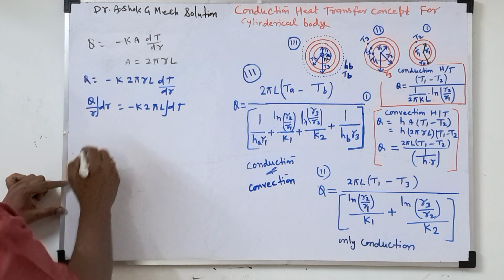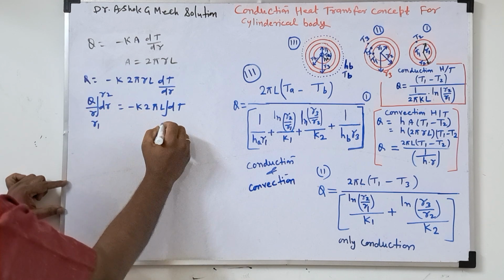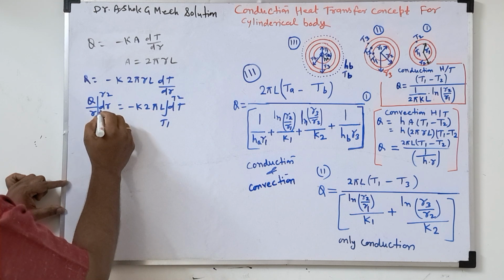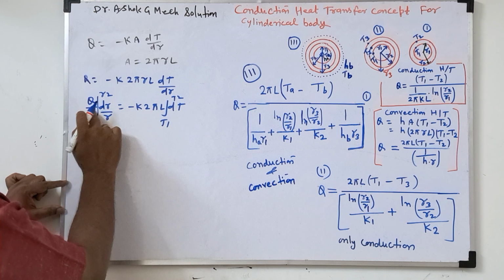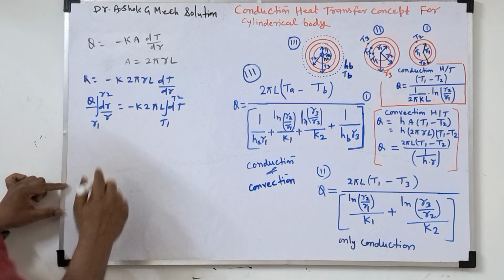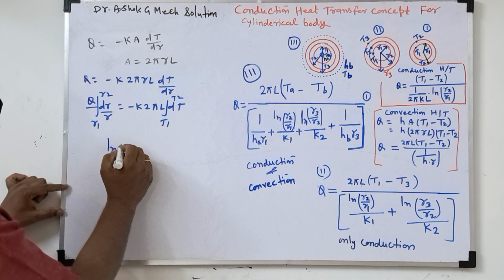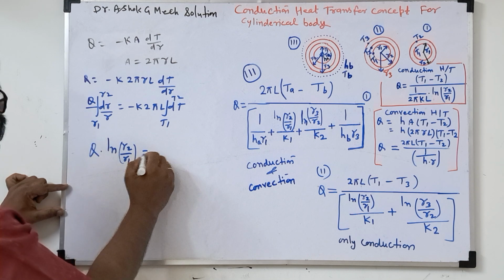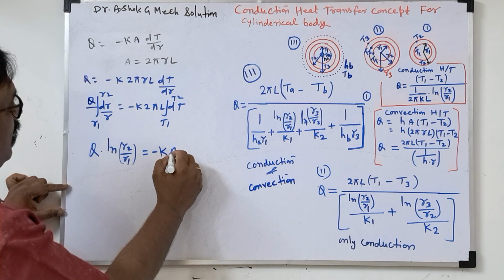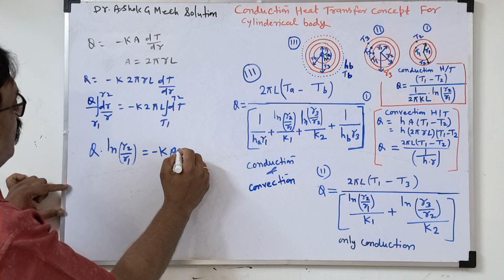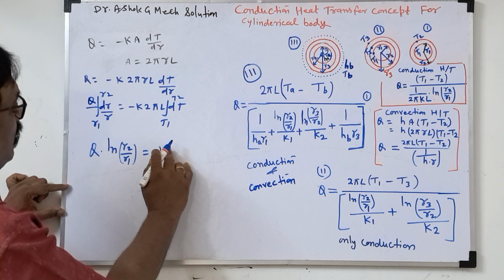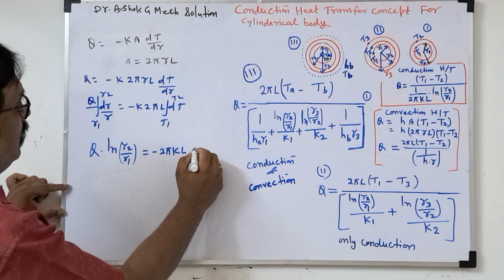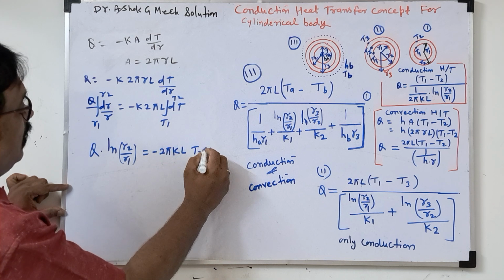If we integrate this from R1 to R2 and T1 to T2, Q comes outside, R is the variable, so we get ln R2 by R1 on the left. On the right, minus 2 pi KL into T2 minus T1.